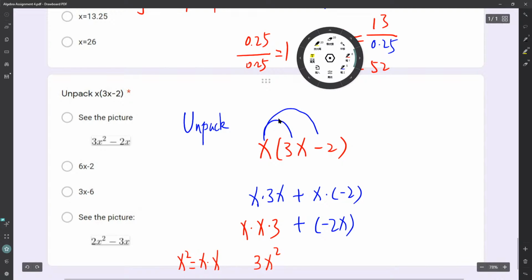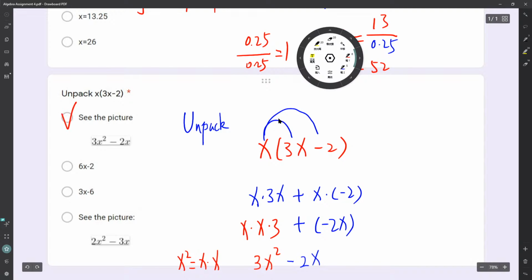And then plus -2x, we can write it as just subtract 2x. And then we have finished unpacking, and the result is 3x squared subtract 2x.